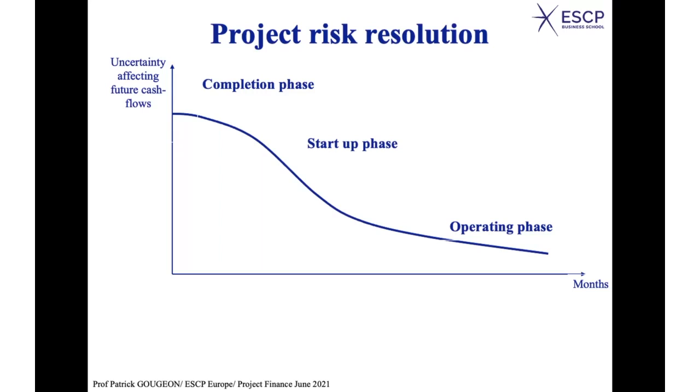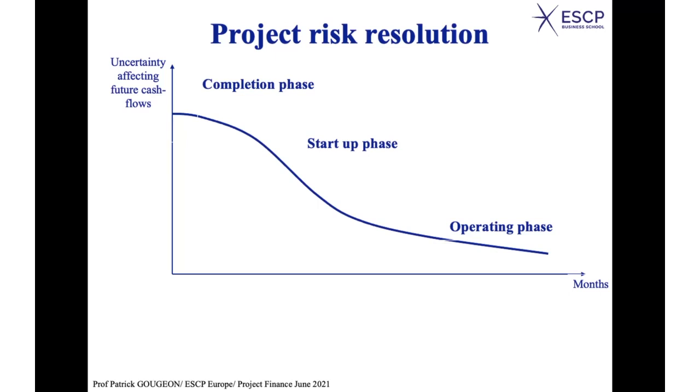You have the higher level of risk before that, because one of the major risks, and I will come back to this later on, is during the completion phase, with the risk of having to spend more money than expected, and the risk of having delays and cost overruns. Delays because developing the project is more difficult than you thought, because there are difficulties that were not anticipated, and so on.